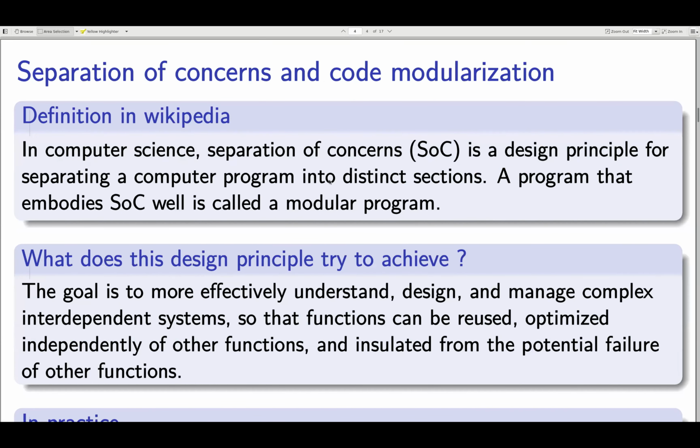I will not go into great detail about separation of concerns, but basically you have the Wikipedia definition, which is in two single sentences. In computer science, separation of concerns is a design principle for separating a computer program into distinct sections. A program that embodies this concept is often called a modular program.